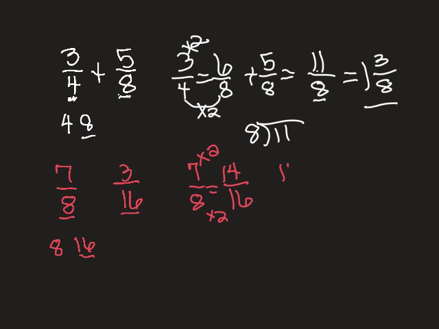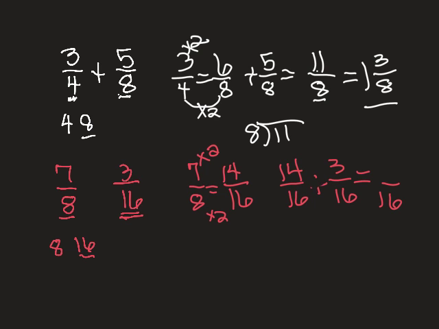So now I have 14 over 16 plus my 3/16. I'm going to have the denominator the same, 16. So I'm going to, this was supposed to be subtraction.